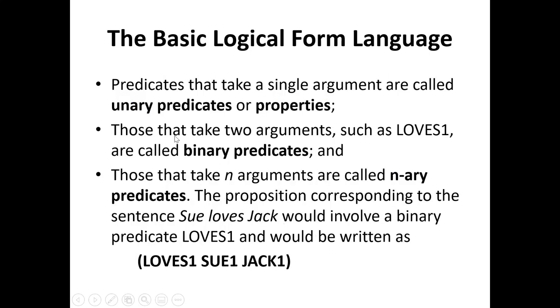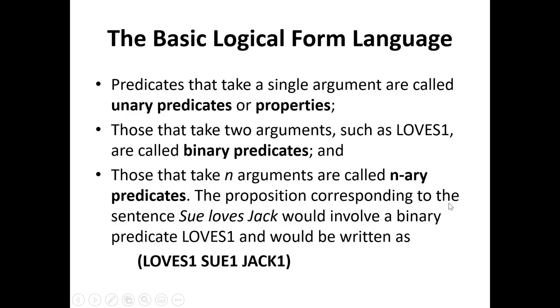Predicates can be of different types based on the arguments they take. Predicates that take a single argument are called unary predicates or properties. Those that take two arguments, such as loves. When you say loves, a particular person is loving someone else, so you require two arguments. We call it a binary predicate. Those that take n arguments are called n-ary predicates.